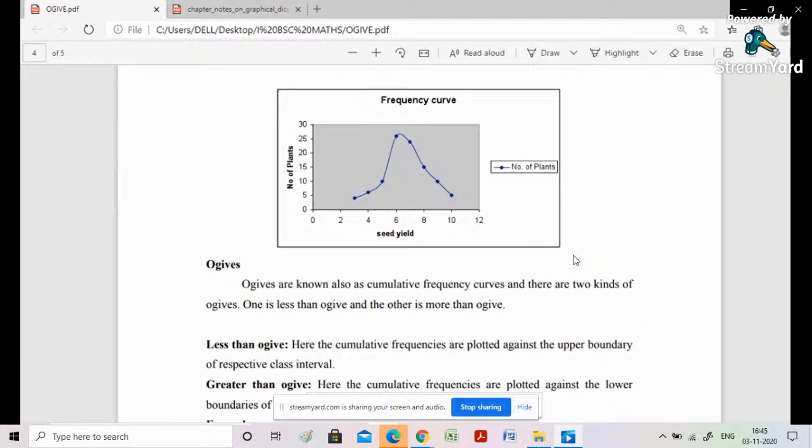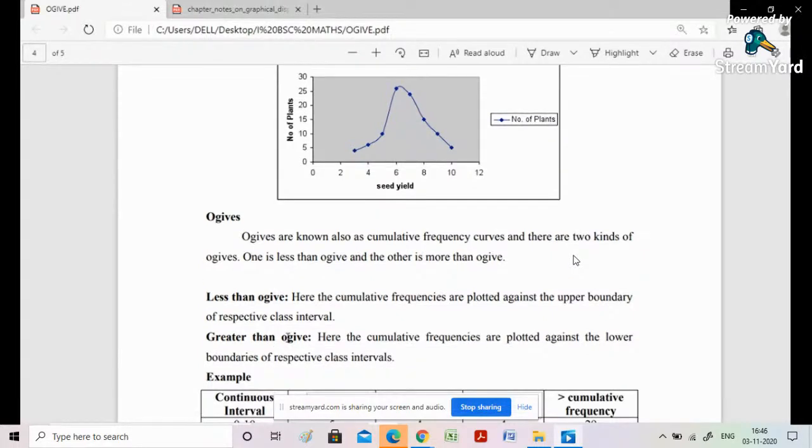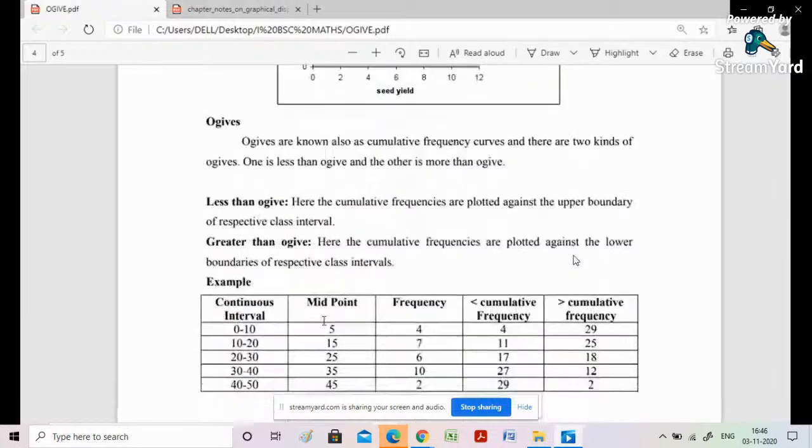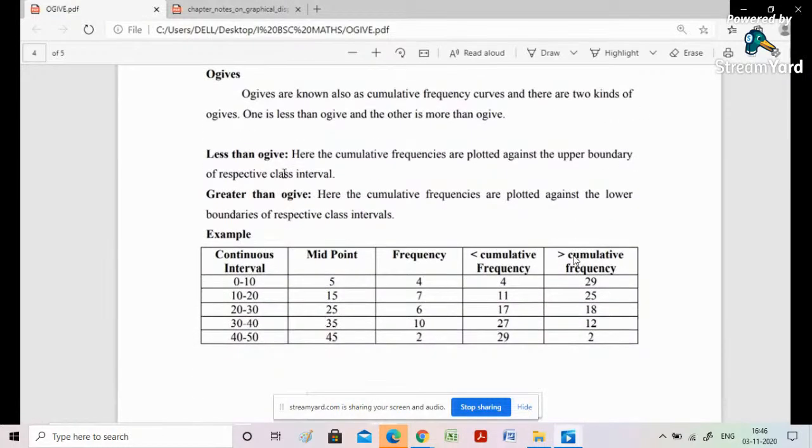Another is the Ogive curve. We have two types of Ogive curves, the less than cumulative frequency curve and the greater than cumulative frequency curve. For the less than Ogive, the cumulative frequencies are plotted against the upper boundary of the respective class interval. For the greater than Ogive, the cumulative frequencies are plotted against the lower boundaries of the respective classes.